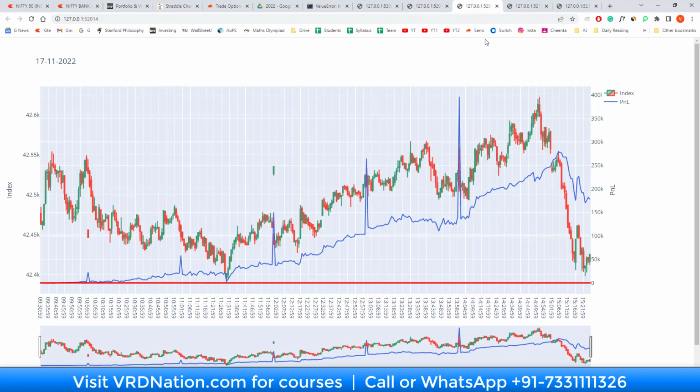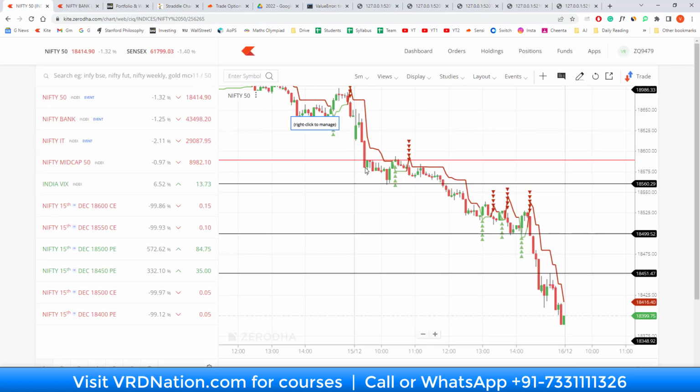So similarly, whenever you look at your backtested data, you should know what is the strength of your strategy and what is its weakness. Right? So on a simple trend day like this, not a single call option stop loss would have gotten hit except maybe in the morning.